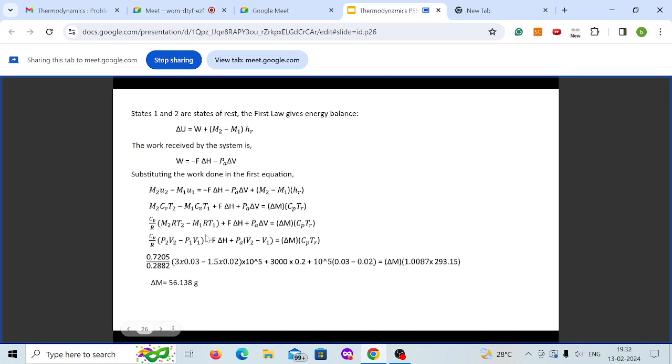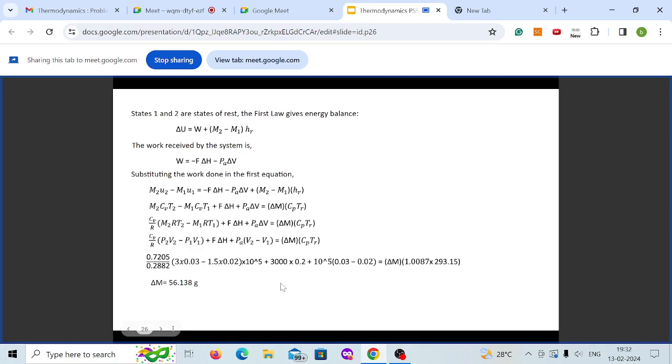Then 3000 is the load which the tire is subjected to, into the elevation 0.2 meters, plus atmospheric pressure, which is 1 bar, so 10 to the power 5 Pascal, into the change in volume V2 minus V1, so 0.03 minus 0.02. This will be equal to the change in mass into Cp.